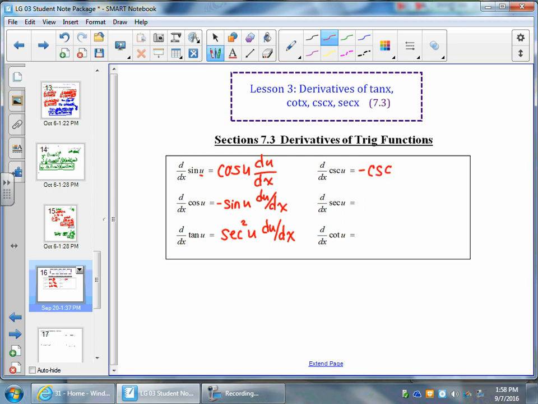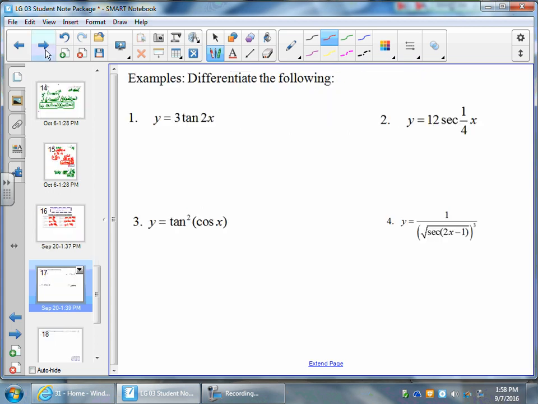Negative cosecant u cotangent u du dx, a little bit messier. The derivative of secant actually includes itself and tan. And then the last one I've got our cotangent. It's going to be negative cosecant squared u du dx. Okay, so nothing that you're not going to already see on your formula sheet.